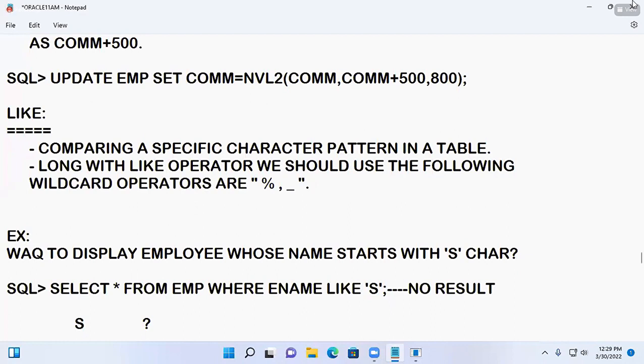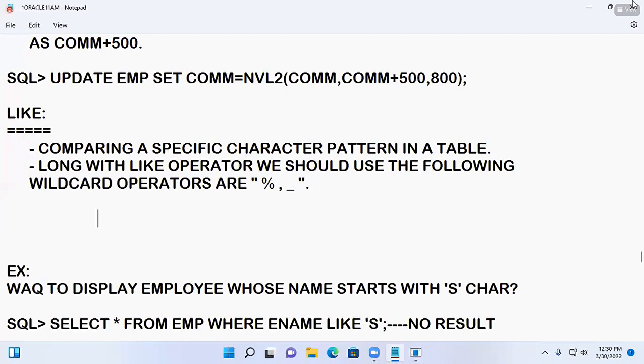So these are what now? Wildcard operators we call. So what are those? Percentile and underscore. Now here, let me see what is my percentile here. Okay.